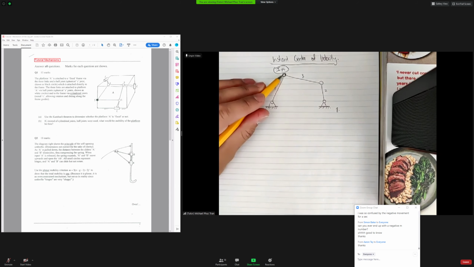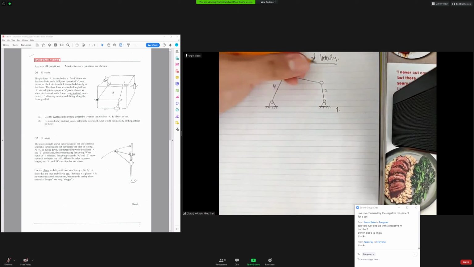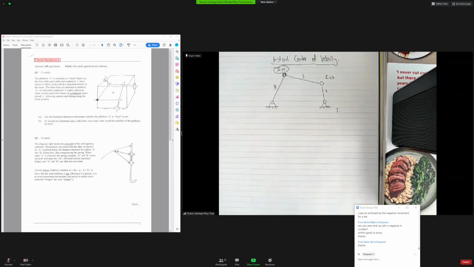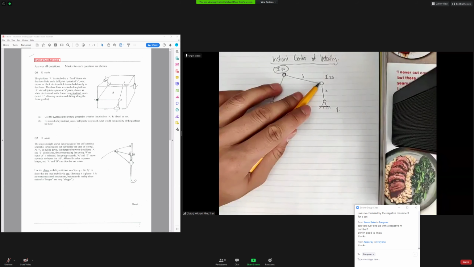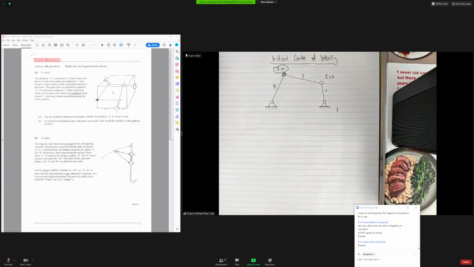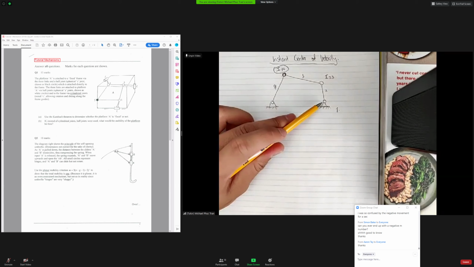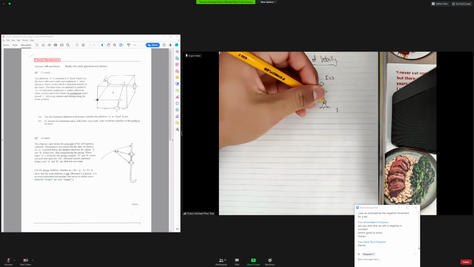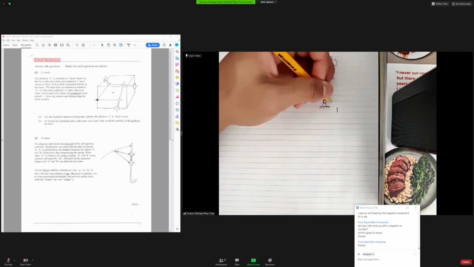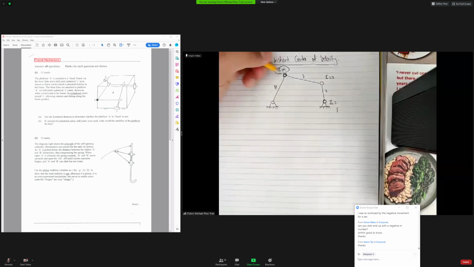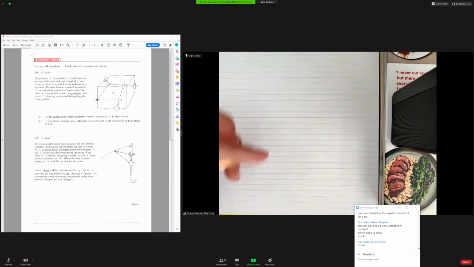Similarly with 3 and 2, called I23. So at this point, 3 and 2 move the same. Same with 1 and 2, which is at this point, and same with 4 and 1, I14.